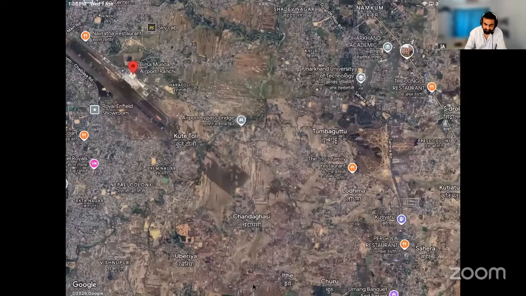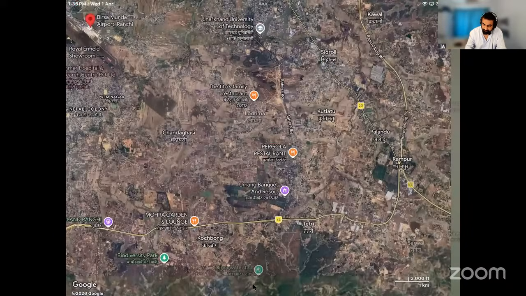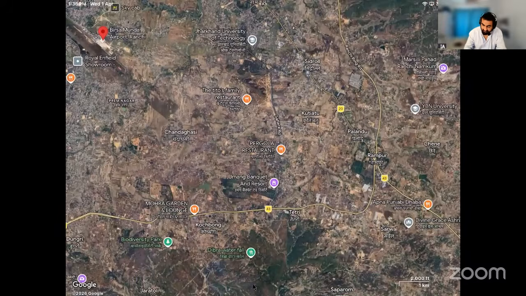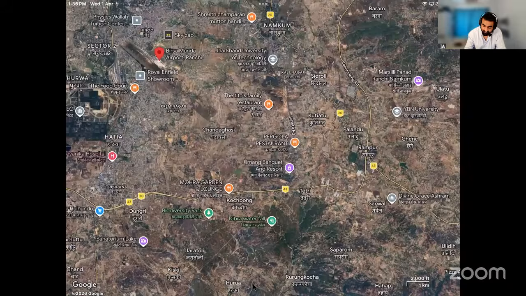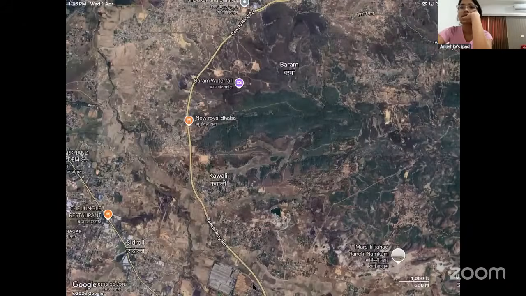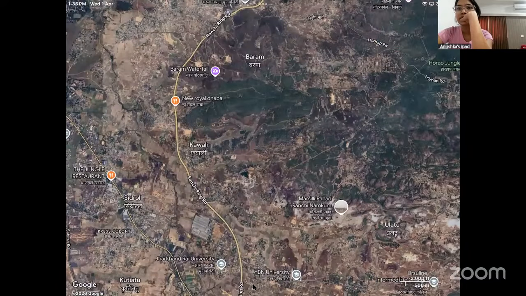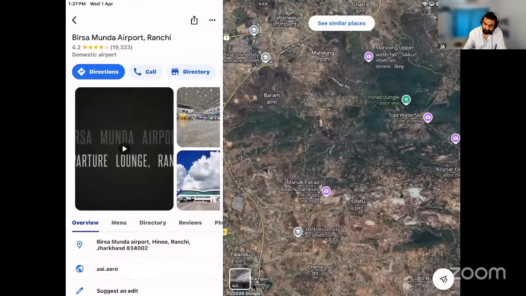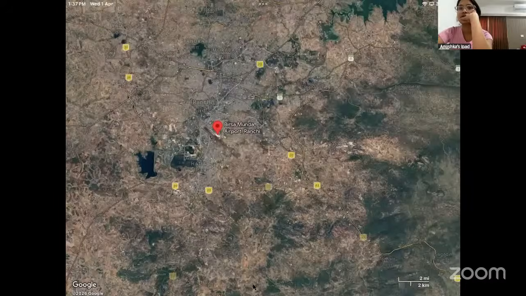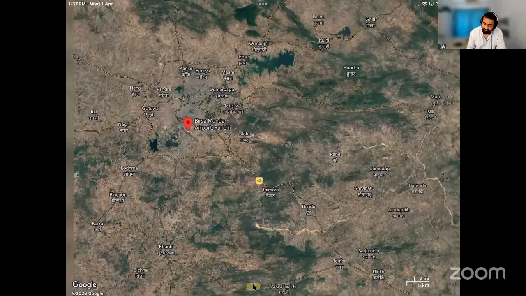So this looks like how many kilometers? 72. So this is the danger area within this. I think these are the mountains. Yeah. So jungle also. Yeah, affirm.